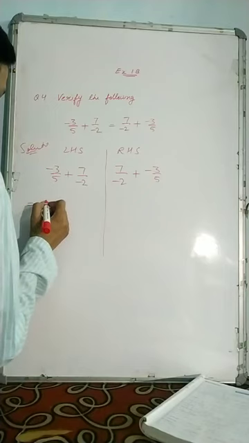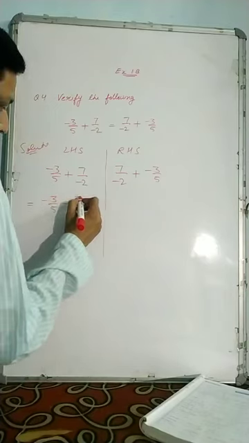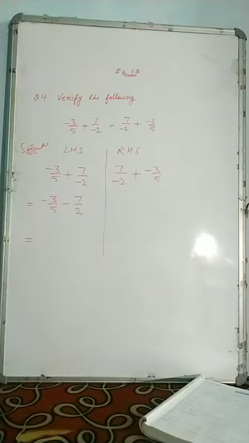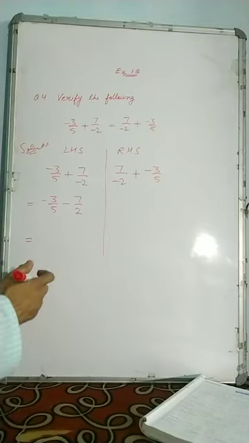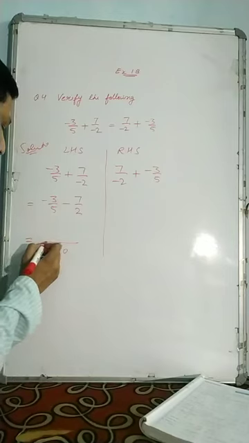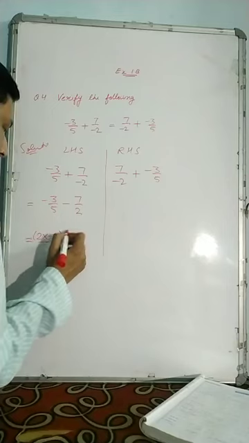In the next step we will write minus 3 upon 5 plus minus minus 7 upon 2. Here you know there are different denominators, so we will convert into the same denominator by using the LCM. So LCM is 10. In the table of 5 it will come for 2 times, 2 into minus 3, then take bracket, then minus.